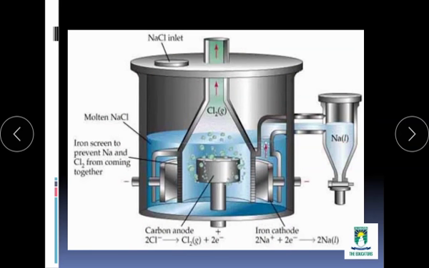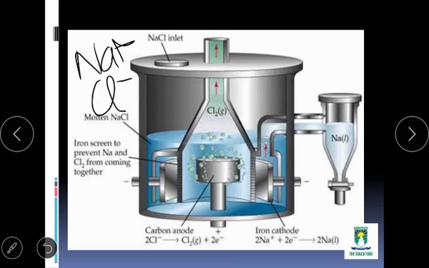Whenever NaCl ionizes, it forms Na positive and Cl negative. So students, this Na positive will move towards the cathode because the cathode is negatively charged, and Cl negative will move towards the anode because the anode is positively charged.